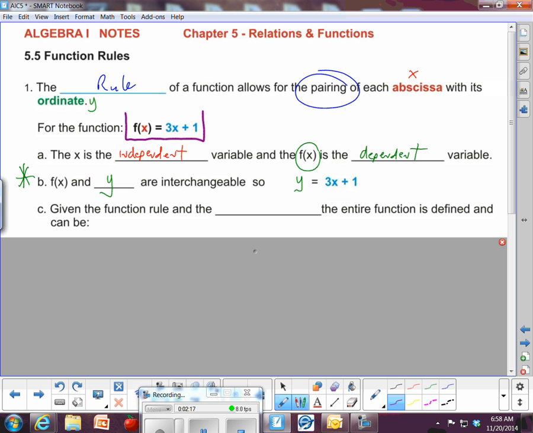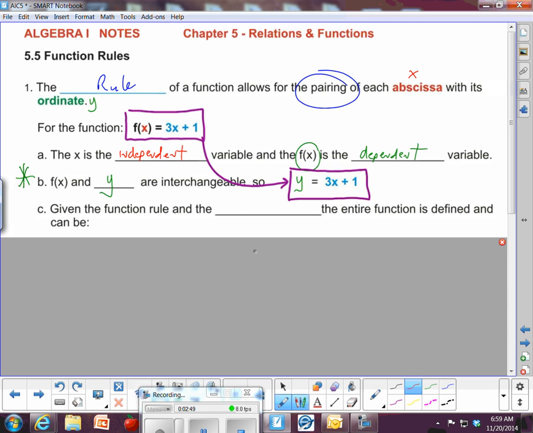You've got functional notation here, and you just have equation form here. Those are exactly the same. f of x and y are interchangeable. Remember, f of x is the value of the dependent variable. Okay? All right, we'll use that a lot.